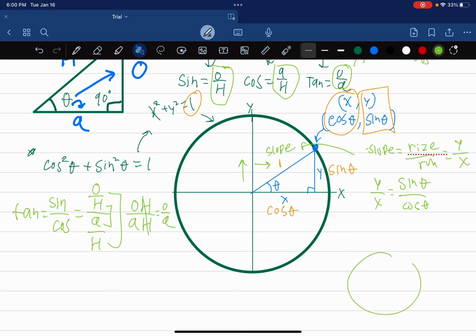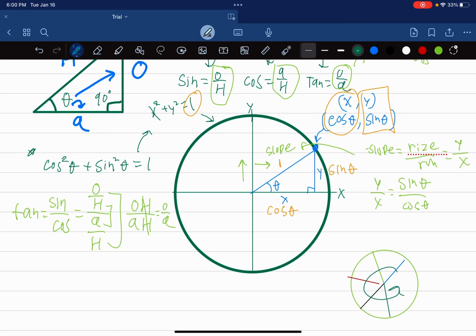Remember that if you have a circle, this line here can be anywhere, which is where you get oscillations from. Right? Because they just kind of go round and round and round.